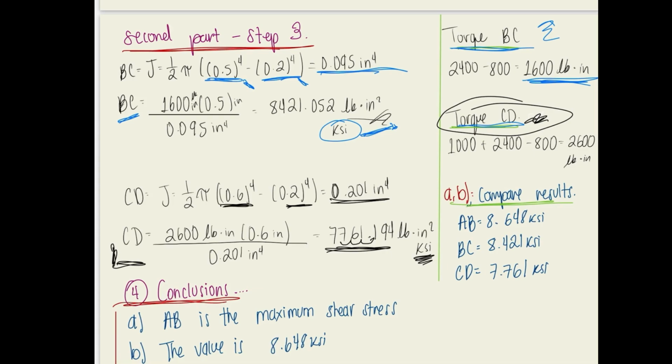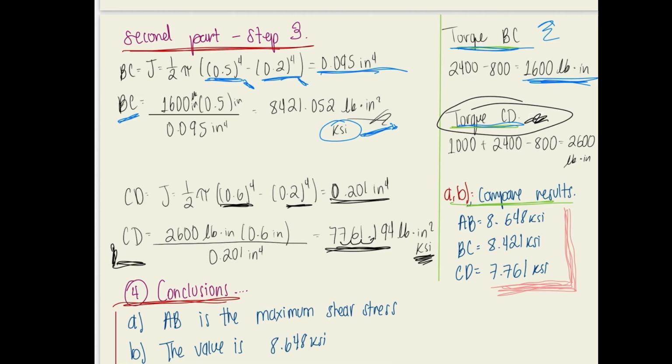Then, for conclusions, to analyze the points A and B, we have an important observation here. We collect all the results in this part, so we can analyze, and we just have to see which quantity is biggest.